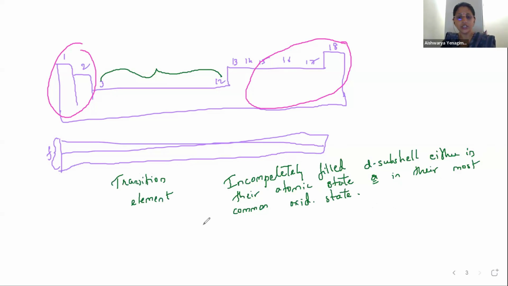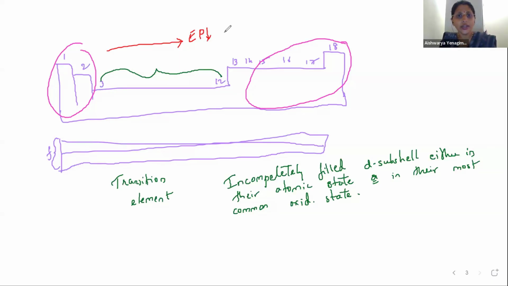So why the name transition now? If you look in the periodic table, across the period, when you move from left to right, you know that electropositive nature goes on decreasing.